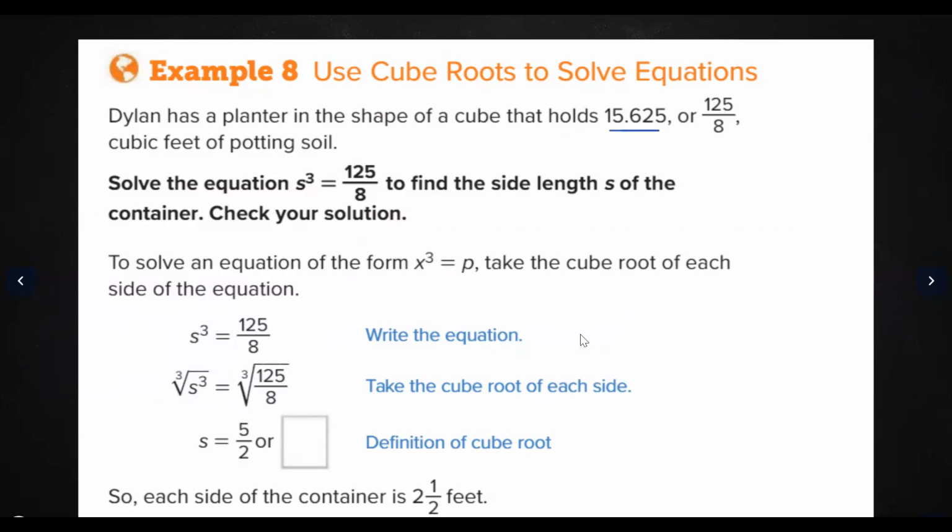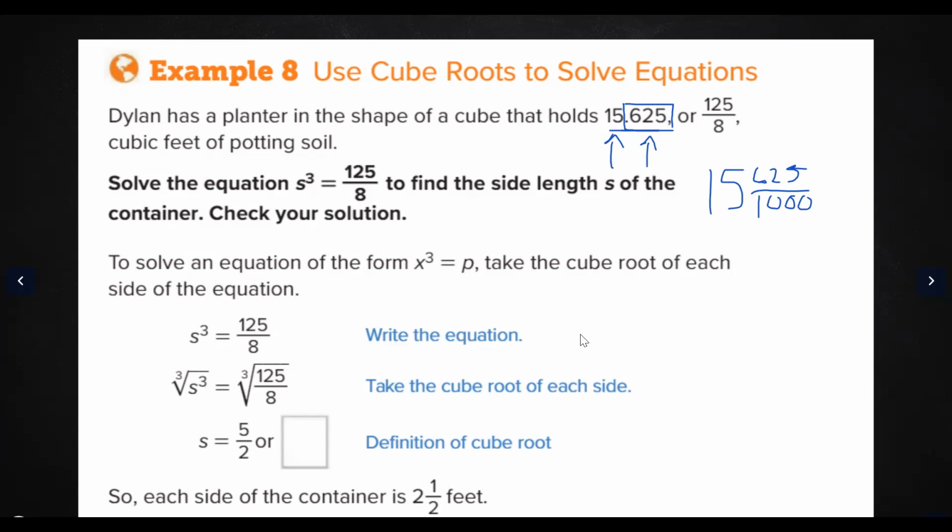In order to turn a decimal into a fraction, we're going to see the whole number. In this case it is the 15. That will be like the big number. And then we need to look at the decimals after the whole number. It's 625. That number, we need to divide it by 1,000.